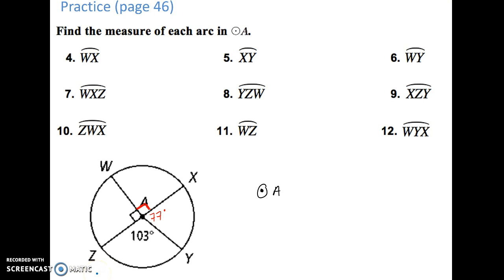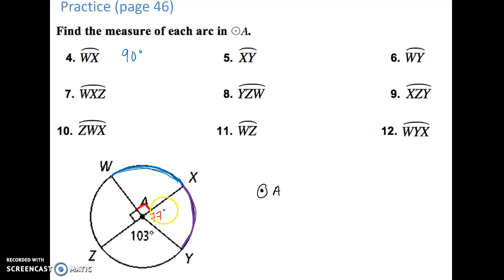The measure of arc WX would be the measure of the central angle that's formed. So here's WX, and the measure of the central angle, the angle from the center of the circle, is 90 degrees. The measure of arc XY, it's this arc that's formed here.